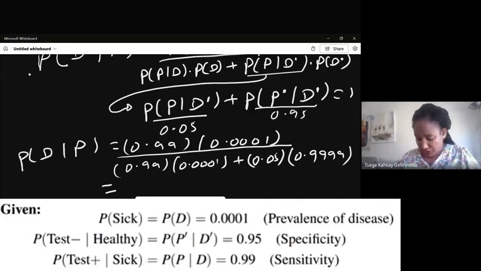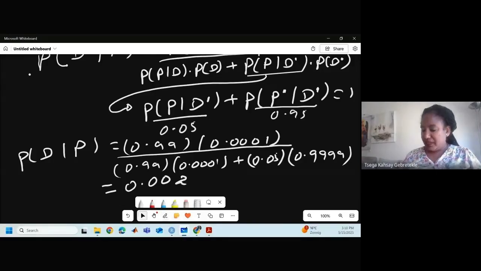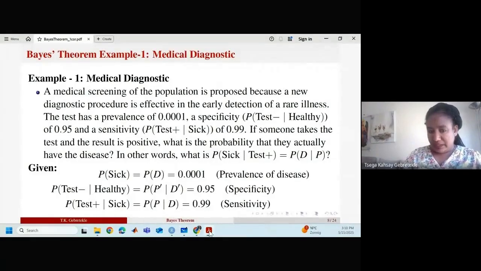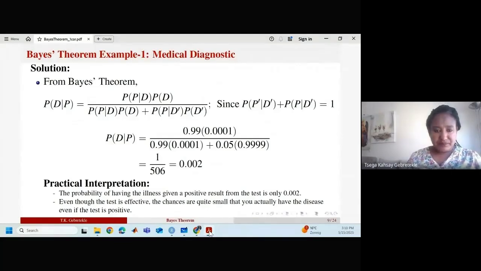And this expression is equal to 0.002. And you can also see it in here.